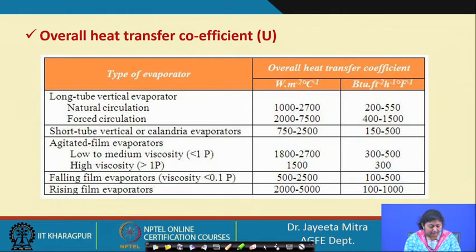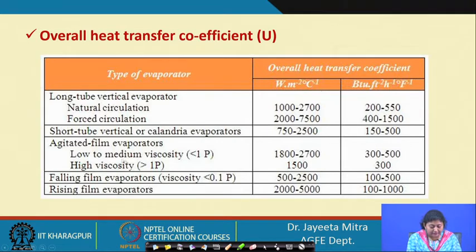And again, if we consider agitated film evaporators, where we use low to medium viscosity liquid, viscosity less than 1 poise, then the overall heat transfer coefficient can be used in the range of 1800 to 2700 watt per meter square degree Celsius.